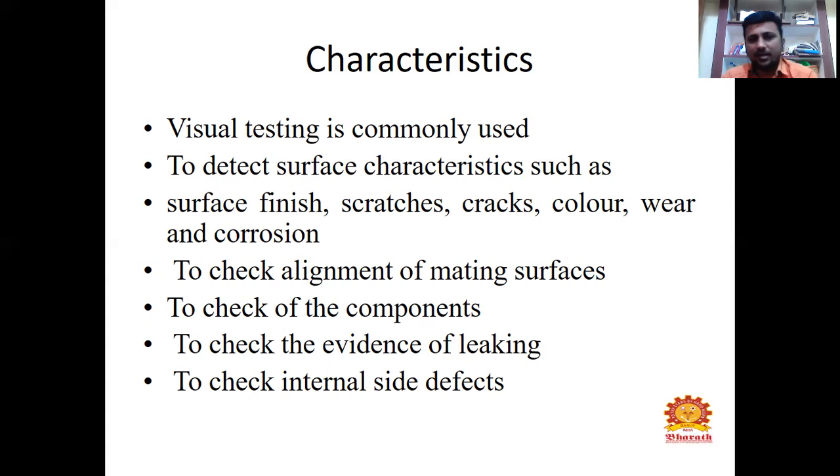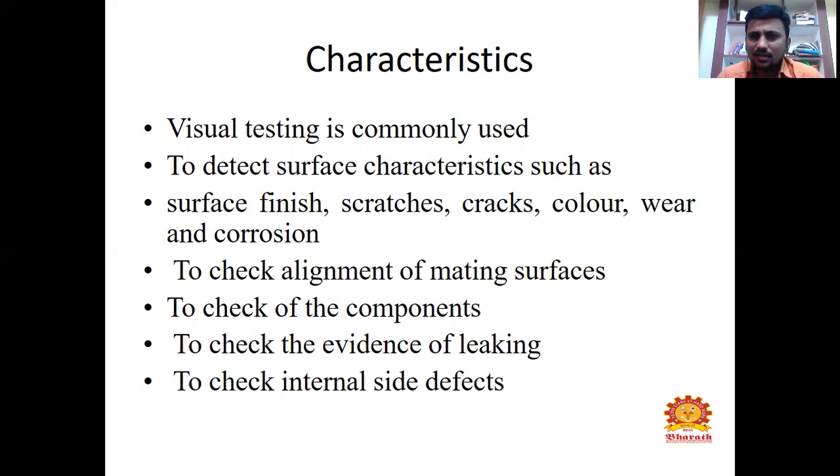We can easily find out the finishing of the surface and scratches, so no need to waste any equipment or money. We can see the scratches in the material, minor cracks, colors, wear and corrosion.